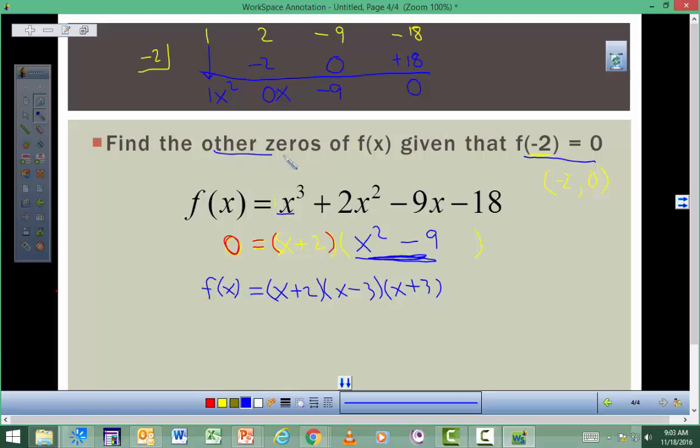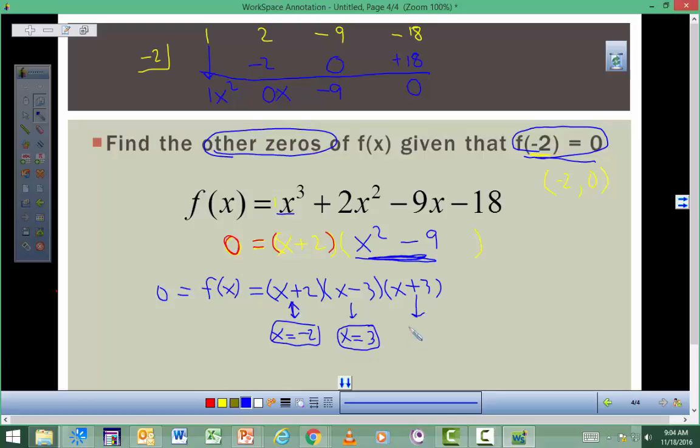Now in this case they're asking what are the other zeros? So if this were equal to 0, what would that mean? Well, this one is the one that we just talked about already. That one is x equals -2. That one was given to us right here. This one is x equals positive 3.